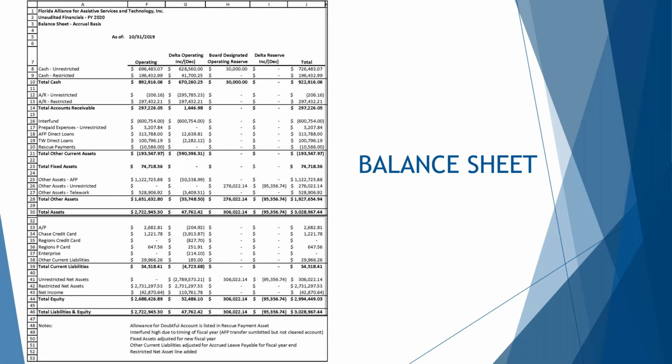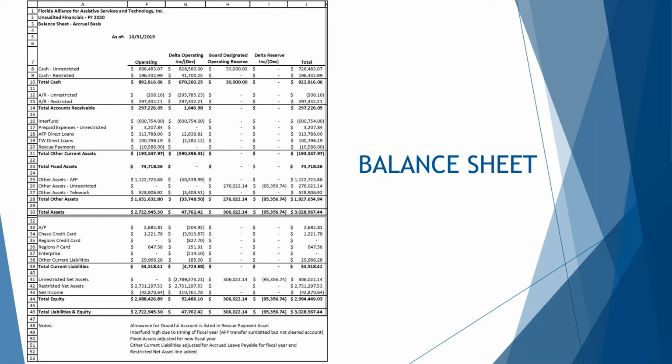The next column is the board designated operating reserve. This account was created last fiscal year in 1819 for the board to have a chunk of money to spend how they need, but also to reserve it in case there are any situations where we lose our funding. We will have a nice little nest egg. The next column is the delta on the reserve account.